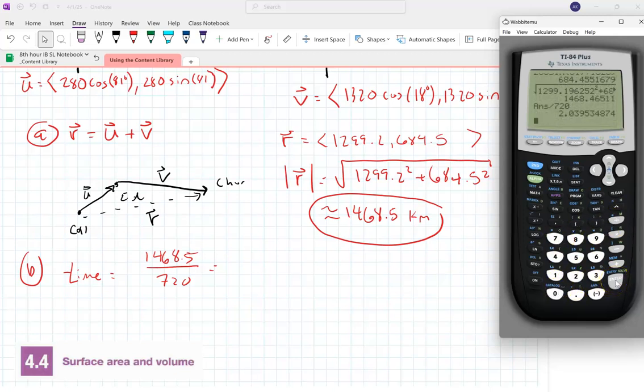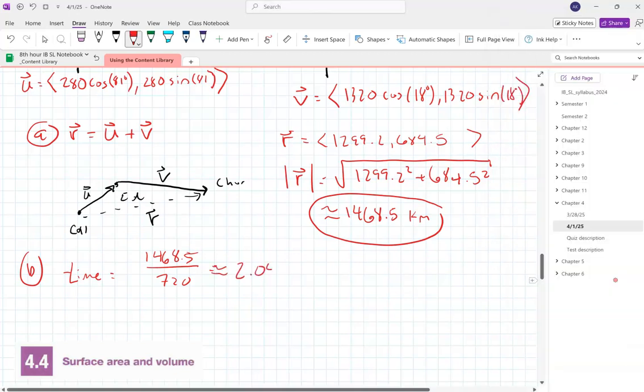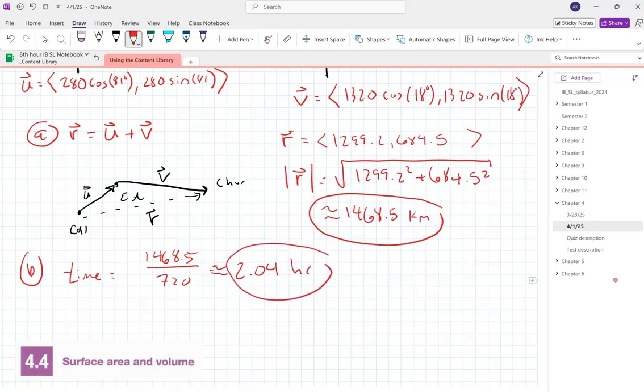And I get about 2 hours and 0.04 minutes. It's a quick flight. Probably doesn't account for all the taxiing and all that gobbledygook. Okay, you guys feel okay here?